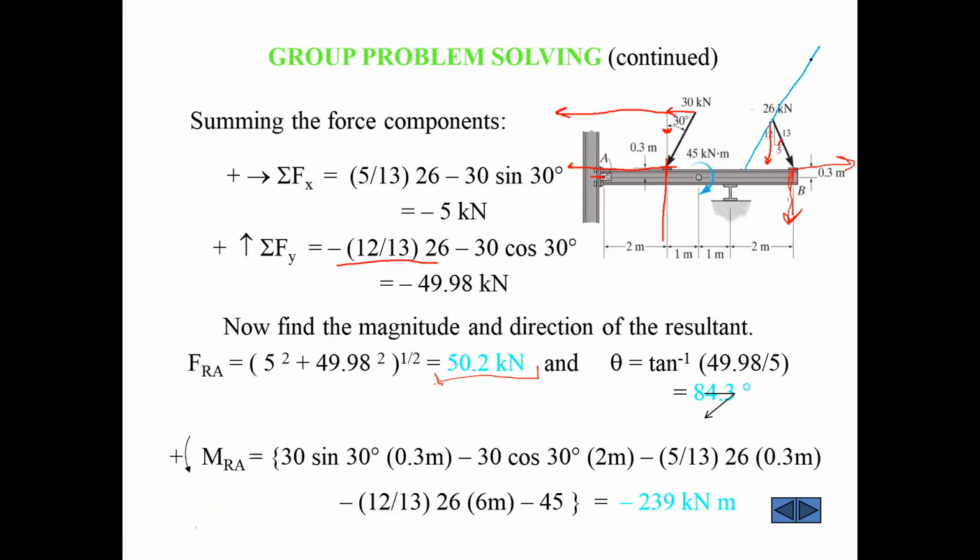So it's acting somewhere like there, and we know that this is 84. I want that distance that is acting from here, that distance D. That is what I am asking you for.